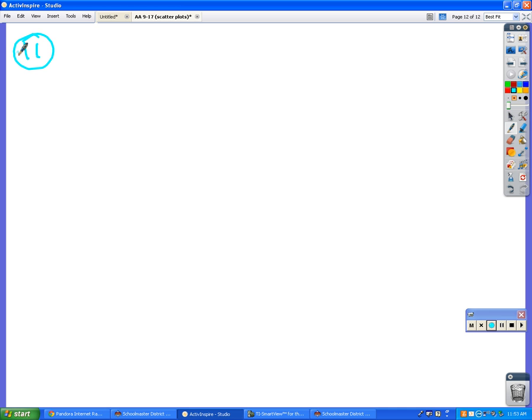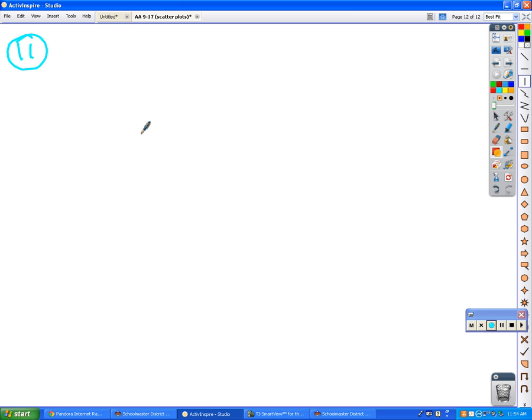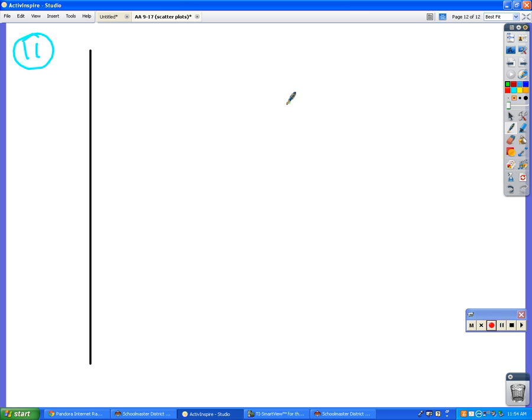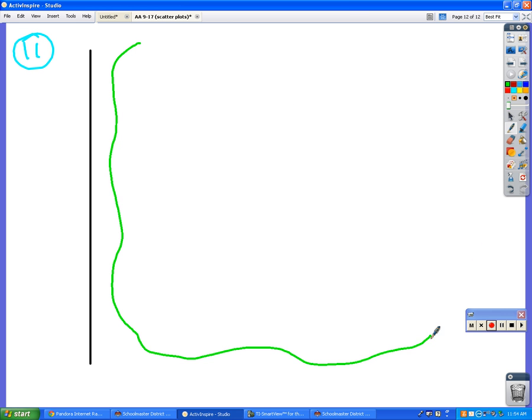So this is kind of a strange one. You have a road, and this road runs north-south, okay? And then you have a nice forest over here.